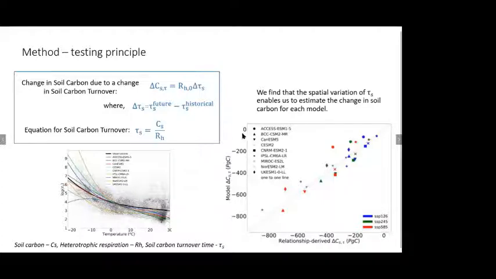On the y-axis, we've got the change in soil carbon due to the change in soil carbon turnover, calculated using just the model output variables. And then on the x-axis, we calculate this change in soil carbon turnover time using the relationship to temperature alone. So we calculate the change, giving this relationship future temperature and present day temperature.